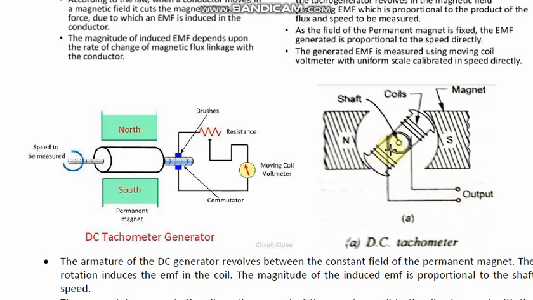So there is the commutator and brushes. This is not a permanent connection, otherwise these wires will break. With the help of the commutator and brushes, the armature EMF induced is taken out by these output terminals.